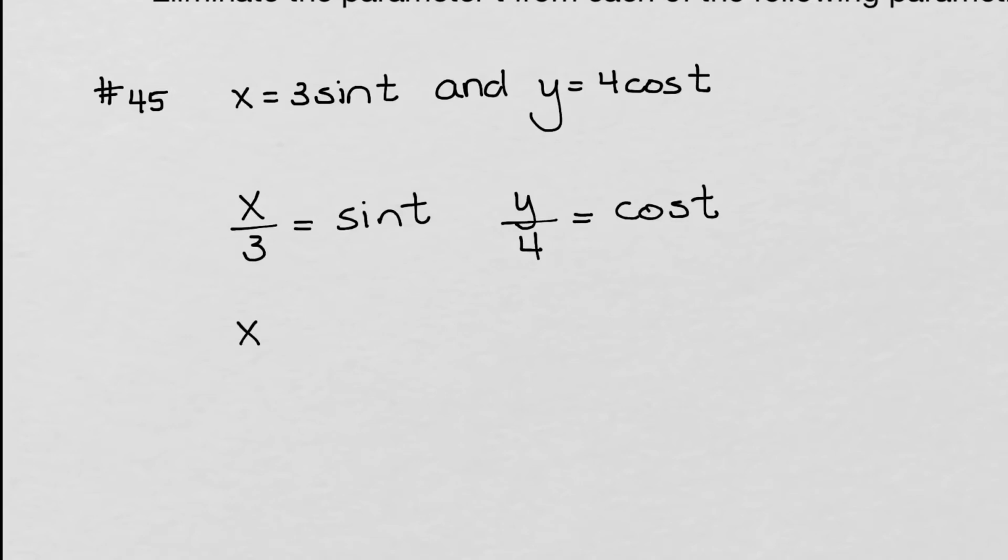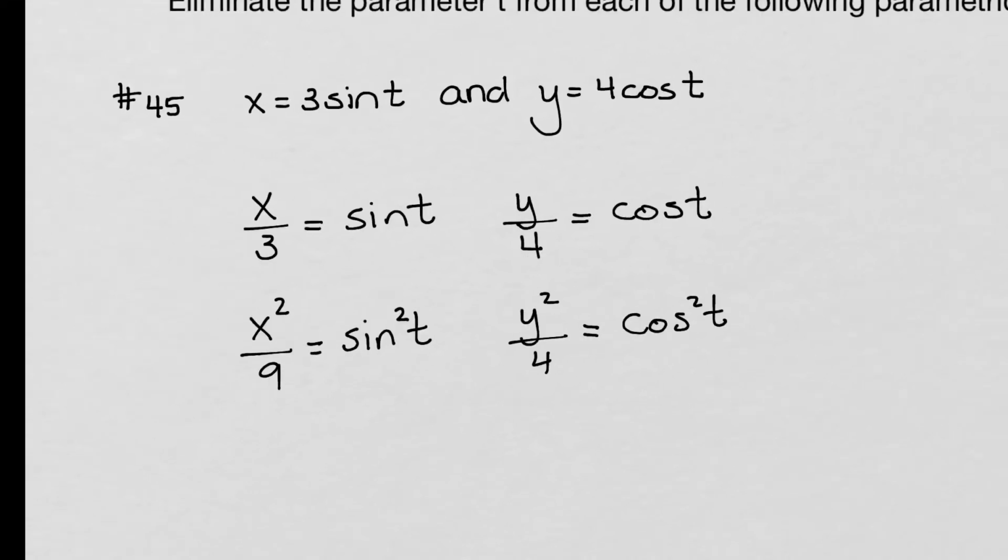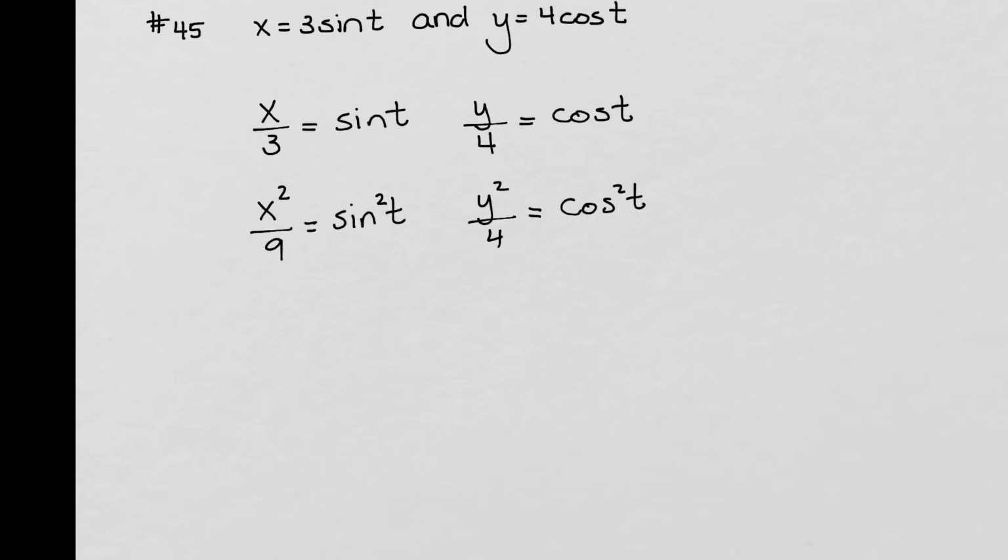So for the first one, I'll get x squared over 9 equals sine squared t. And for the second one, I have y squared over 4 equals cosine squared t. So now I can add the left-hand sides of the equations together, and that would be the same thing as adding the right-hand sides of the equation together because of all of the equality going on.